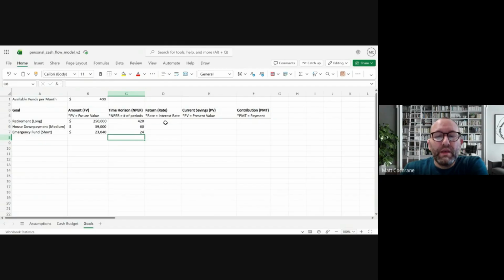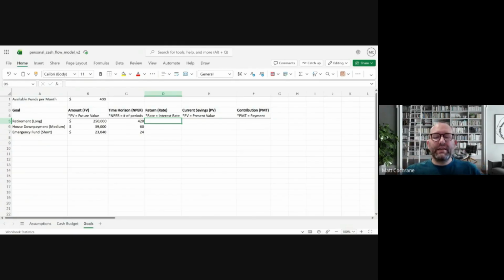Okay. Now, the interest rate is going to be a function of time, liquidity requirements, so whether you need access to the money or not. It's going to be a function of your risk tolerance. And when you sit down with a financial advisor, they would go through all of these things with you. For retirement, we're just going to set some reasonable rates of return here for the time period of these investments.